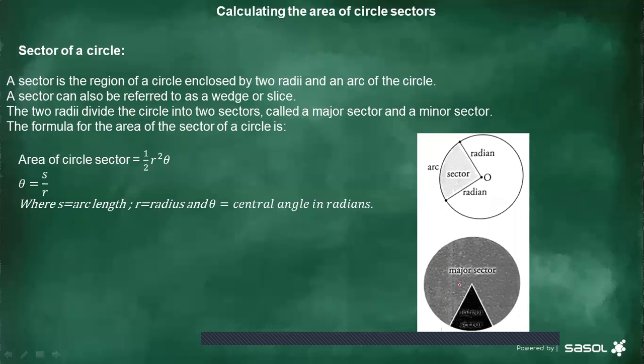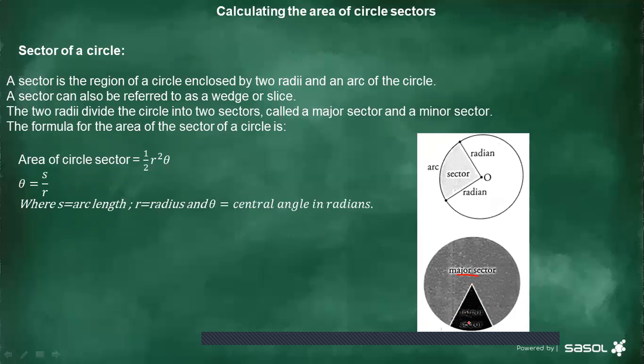You can now see this circle here. We have the major sector, meaning this portion, the gray one, shaded with a gray color. And then the minor sector is this small portion, the slice, which is shaded in black.